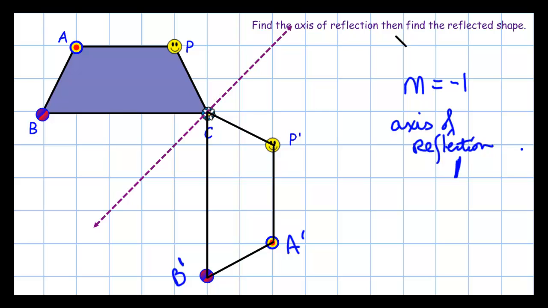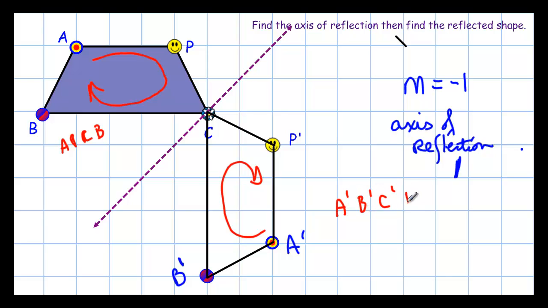Now something interesting to notice here, the order going clockwise is A, P, C, B. But if I go clockwise here starting with A, notice they're not in the same order. It's A prime, B prime, C prime, P prime. So they're not in the same order. So this is an improper rigid motion.